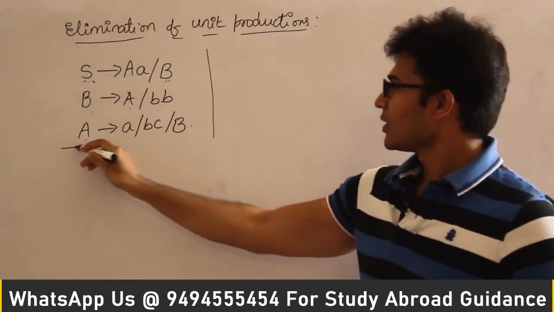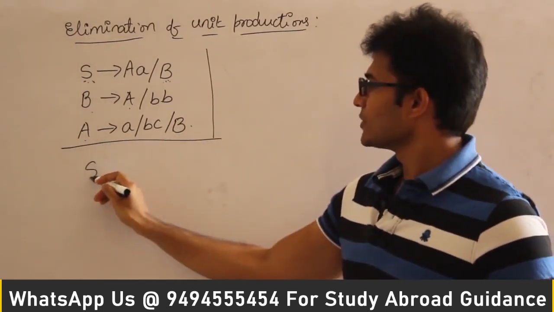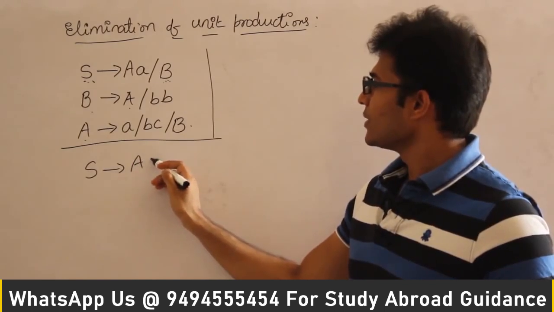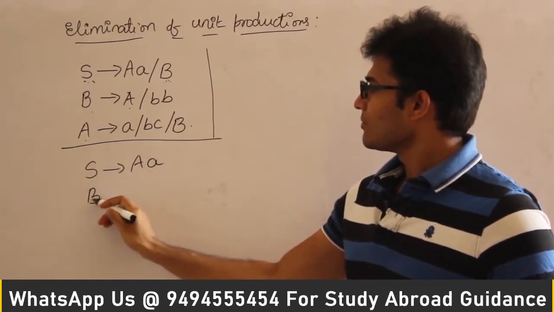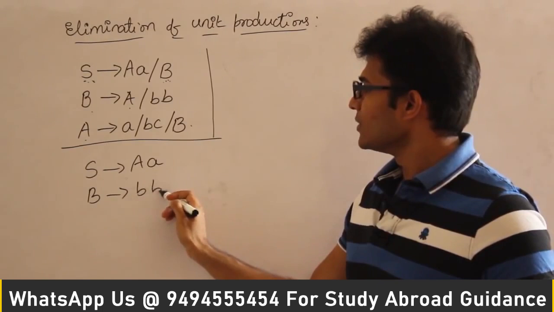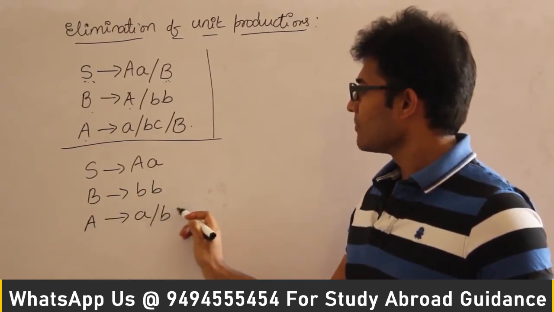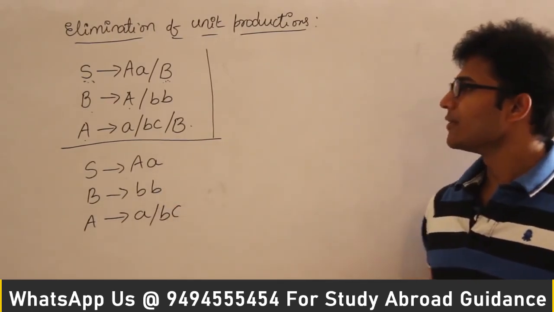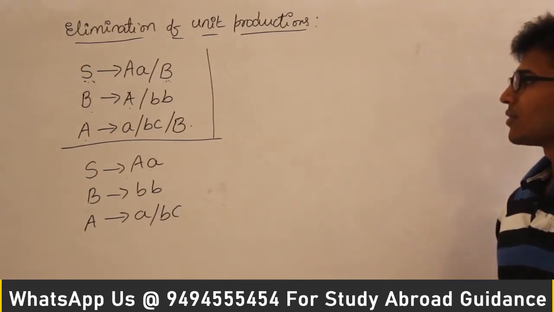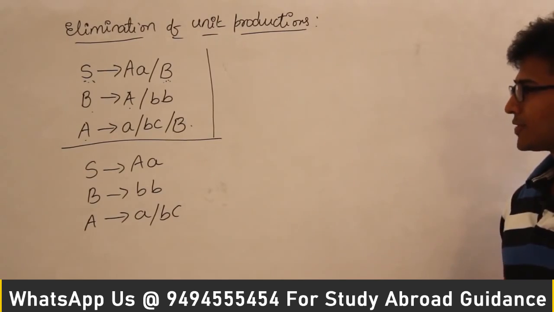So I am just writing the grammar without unit productions, which means S derives AA, and then B derives BB, and then A derives a or BC. So I have written all the productions without unit productions, right?